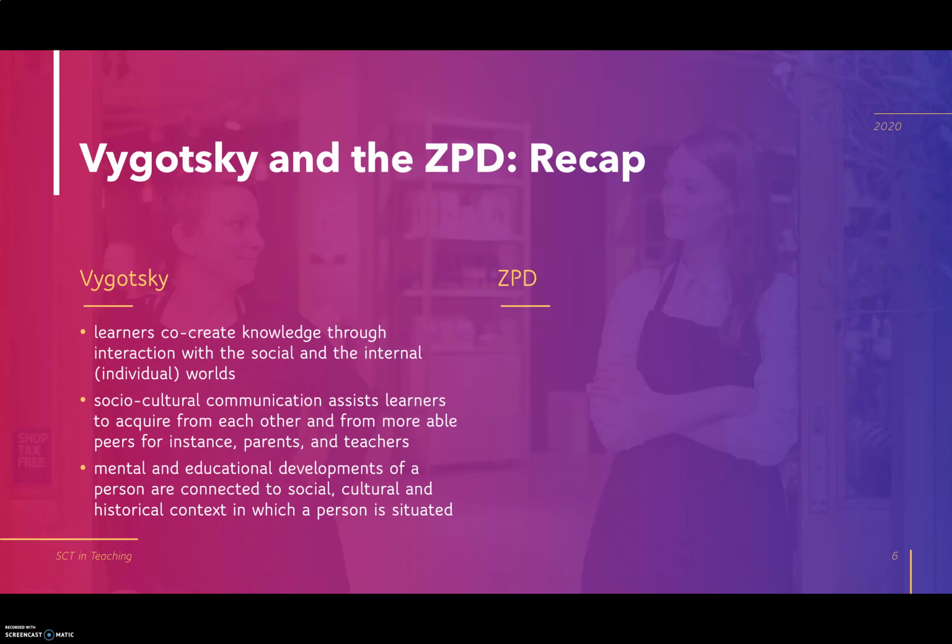And a very strong anchor of Vygotsky's work is obviously based on the idea that mental and educational developments of a person are connected to the social, cultural, and historical context in which a person is situated. So, moving away from the purely cognitive view that all internal processes or all language learning processes and language acquisition processes are cognitive and are cognitively focused, and there are patterns that are replicated across individuals.